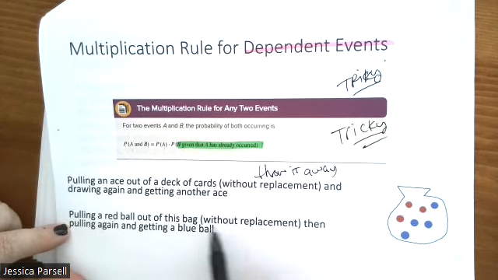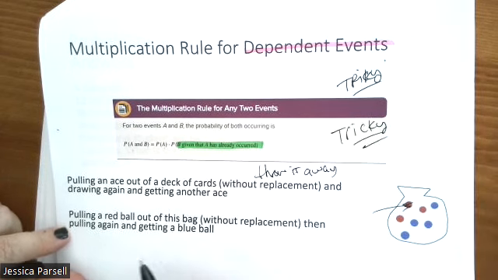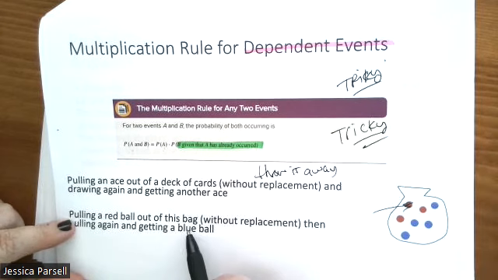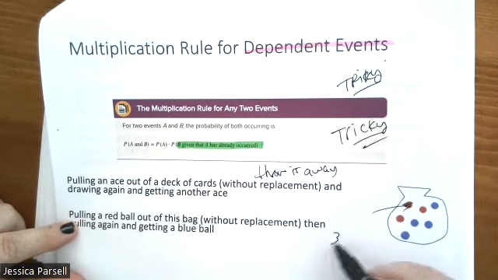Or you pull a red ball out of the bag. Let's say you take this red ball, you pull it out, it's gone. And then you come again and get a blue one, okay? So we know that they're going to influence each other. So you can even look to see, like the probability of getting a red ball is 3 out of 7.